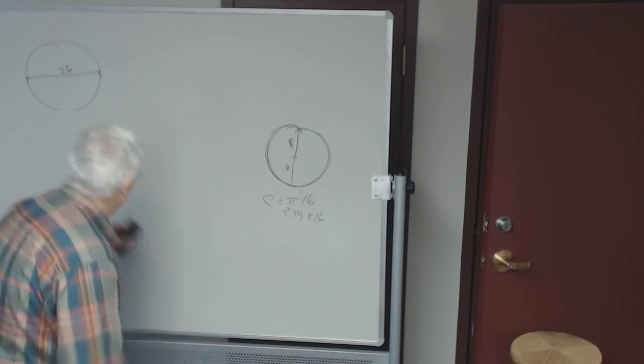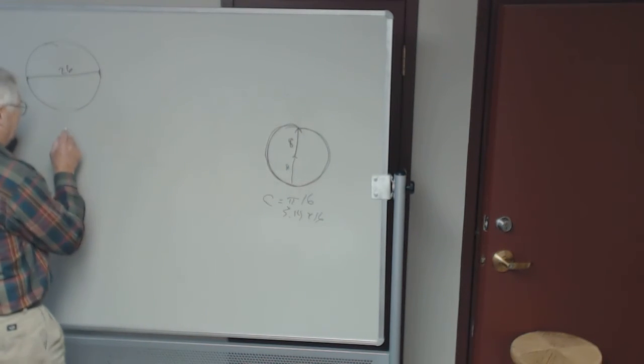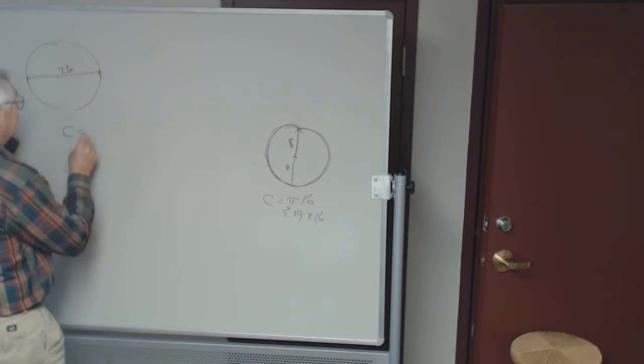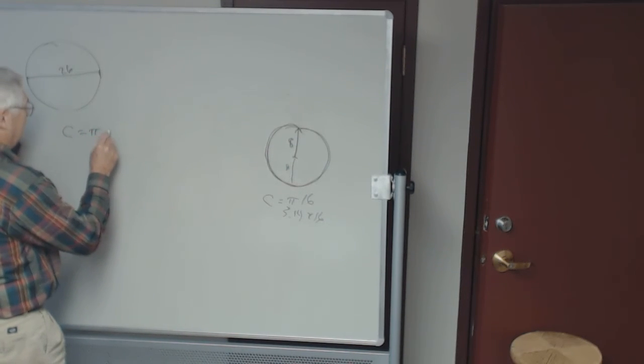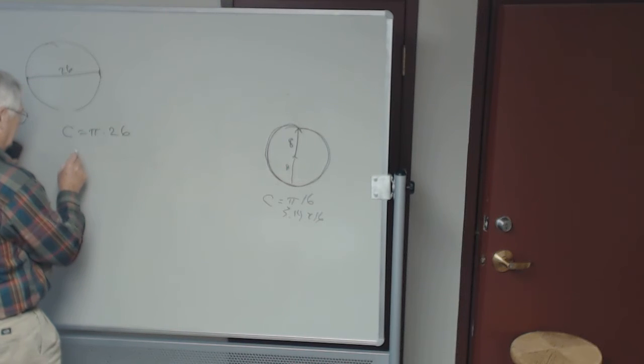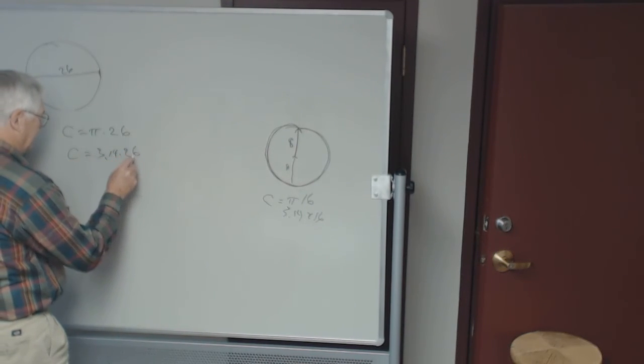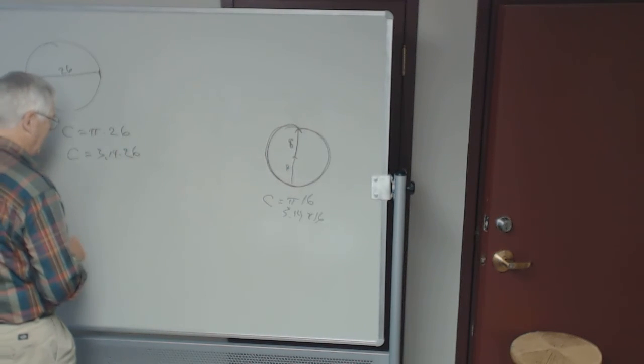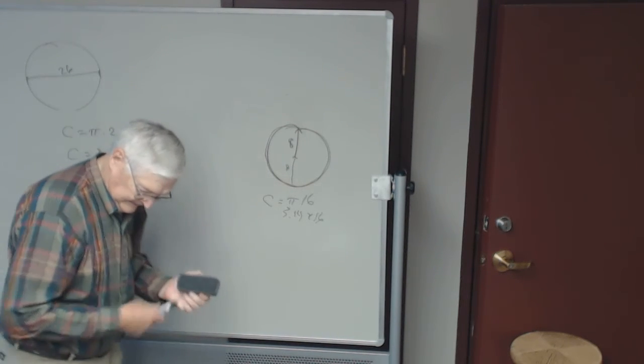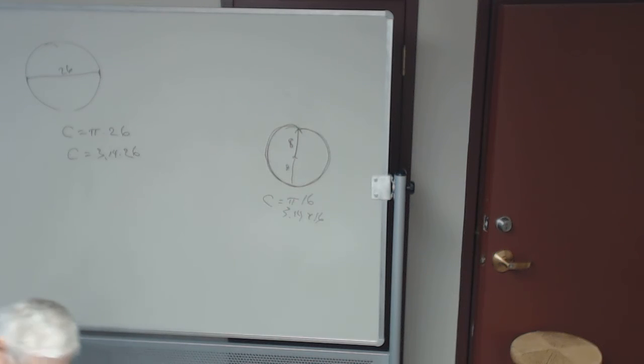Well, how far does it go in 1 revolution? 1 revolution would be circumference equals pi times 26. Circumference equals 3.14 times 26. What is that? 81.64.